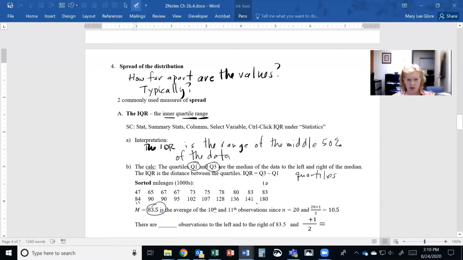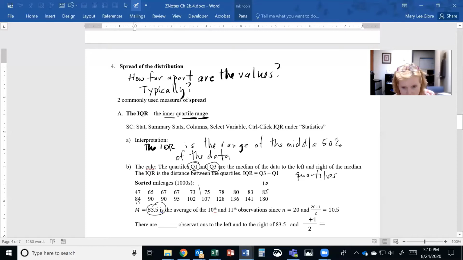So now what we're going to do to break this up into fourths, that broke the data up into halves, the first 10 and the last 10. Now we're going to split these first 10 into two groups of 5. So I'm going to have 5 here, 5 there. The way you calculate the first quartile is you take the median of the data to the left of the median.